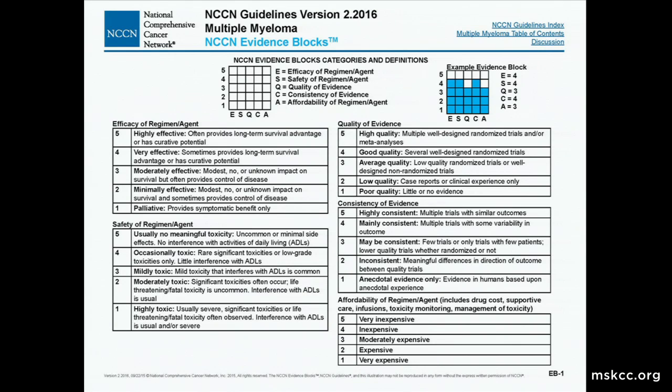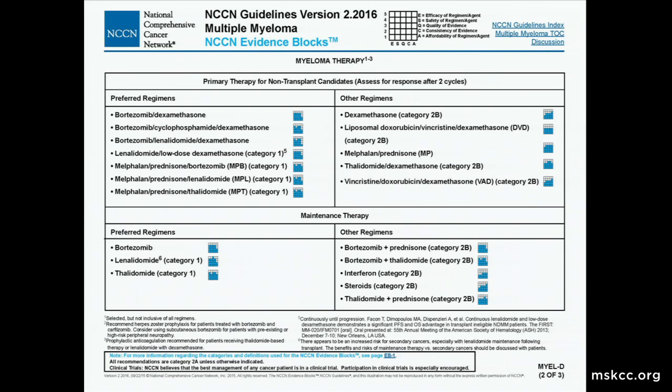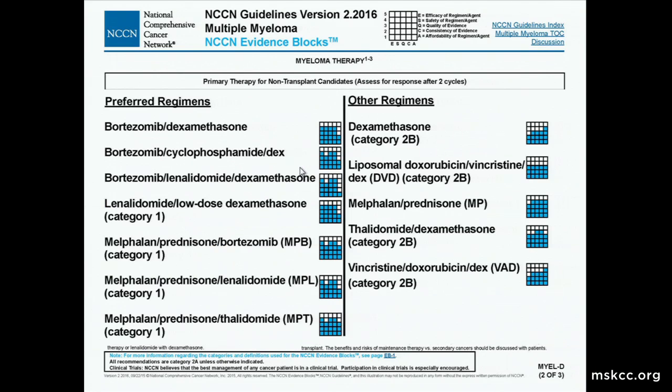This is what the evidence block page looks like in the guidelines. So here are a whole bunch of recommendations for multiple myeloma therapy, and you can see here are the evidence blocks, and I'm going to blow them up a little bit. So here in the preferred regimens, you can see that this is a pretty good regimen. It's highly effective.